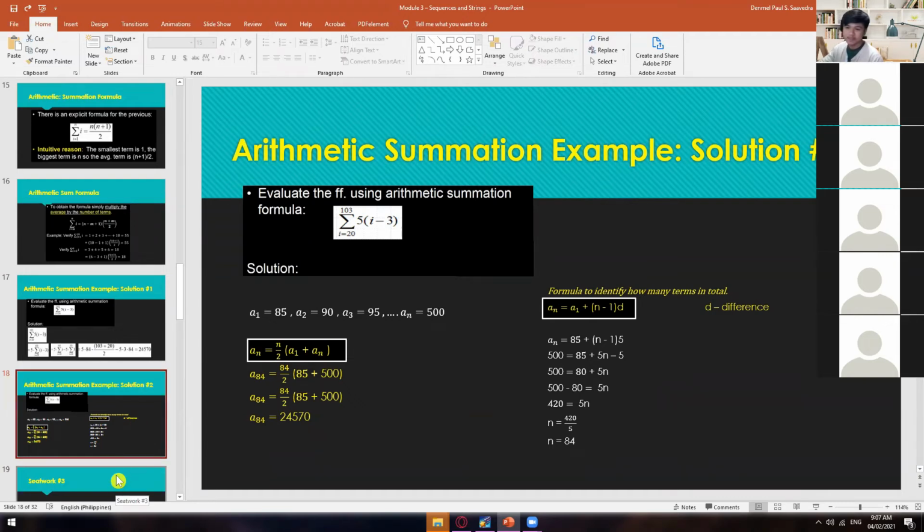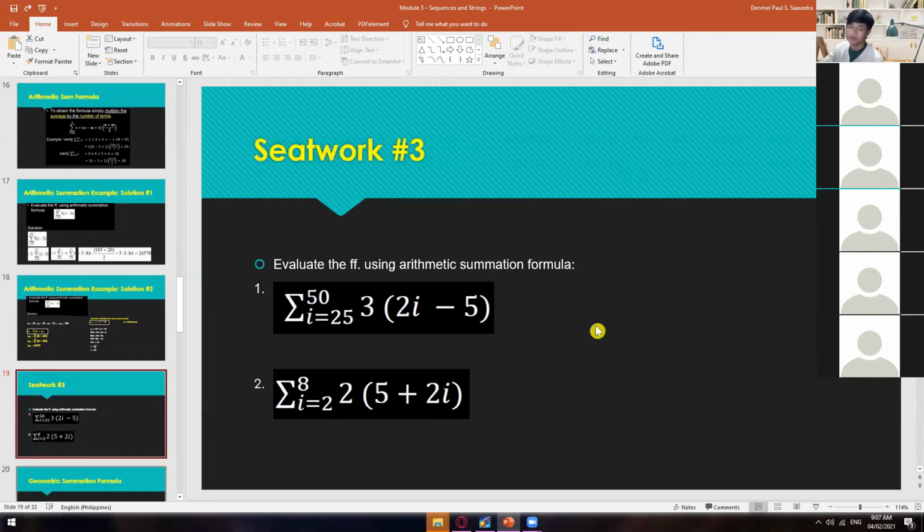All right. So once you're done understanding those given examples and concepts, you're going to have a seat break, of course. So this is your seat break number 3. Evaluate the following using arithmetic summation formula. Your starting number is 25 up to 50.